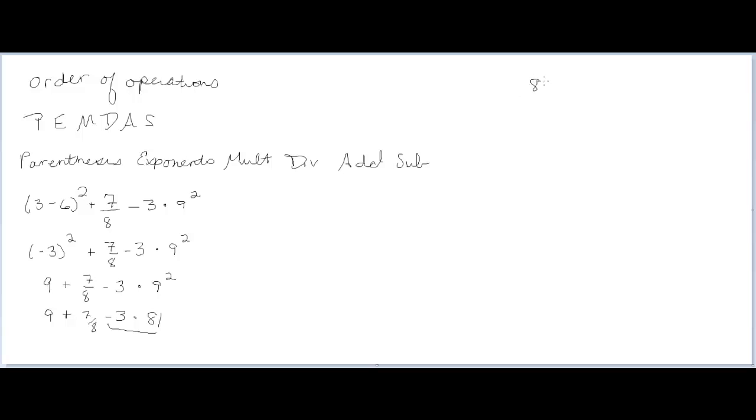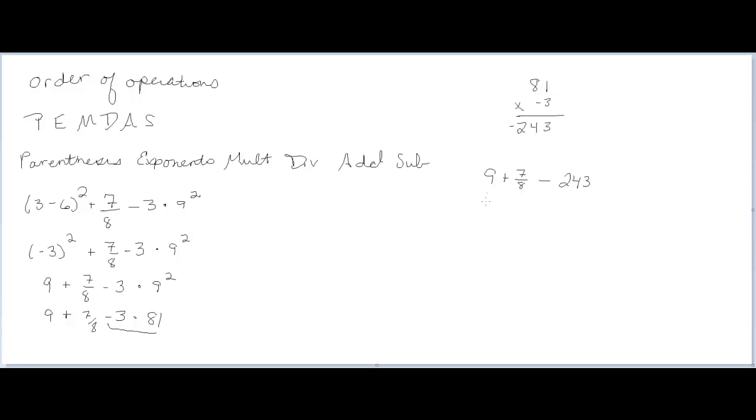So I'm going to be a math teacher and do this out. It's 324, negative 243, because this is a negative 3. So now we have 9 plus 7/8 minus 243. Alright, now we have addition and subtraction, and we work left to right.